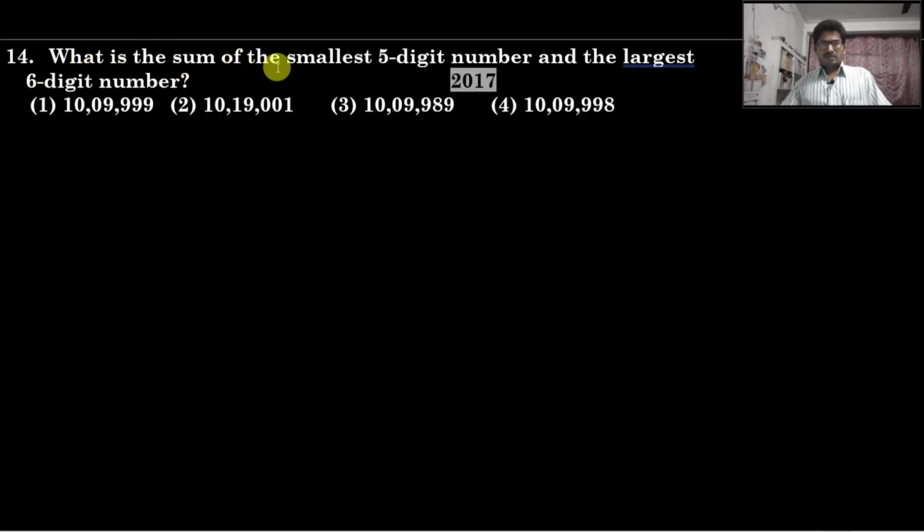14th one, what is the sum of the smallest 5-digit number and the largest 6-digit number? The smallest 5-digit number is 1 followed by 4 zeros. This is the smallest 5-digit number, and the largest 6-digit number is 6 nines.